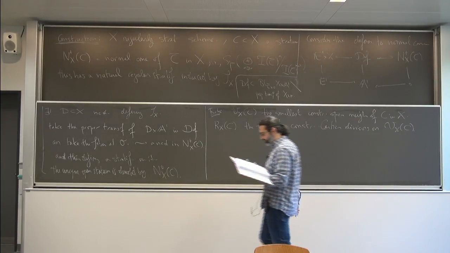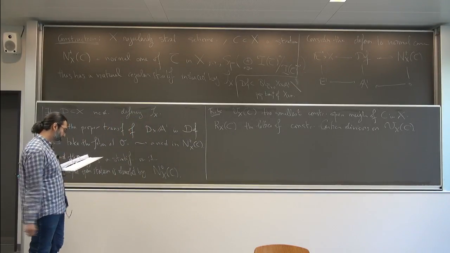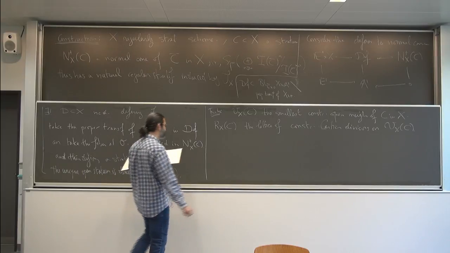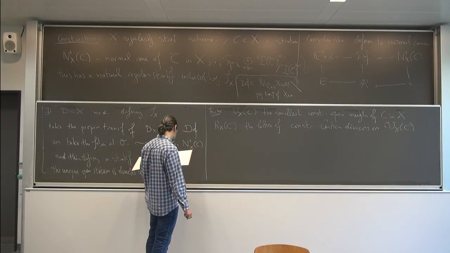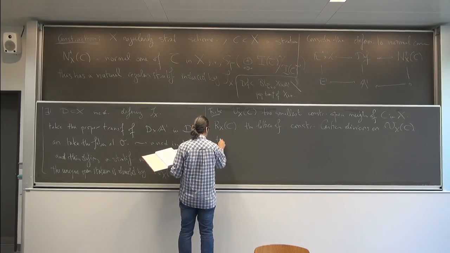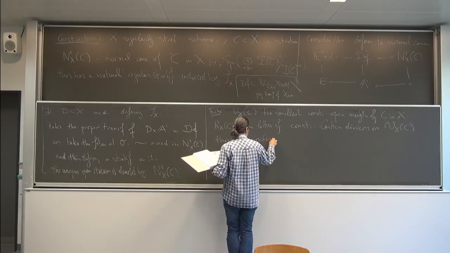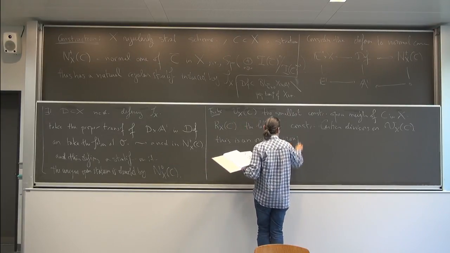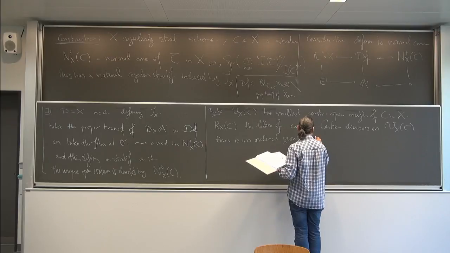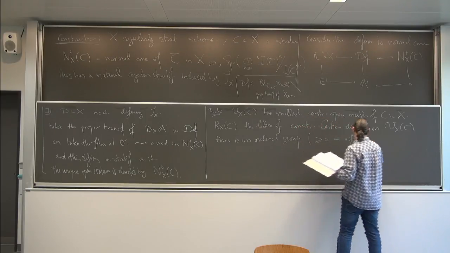This is finitely generated, something like Z^n, with n the number of irreducible components. This is an ordered group, and the positive elements are the effective divisors.